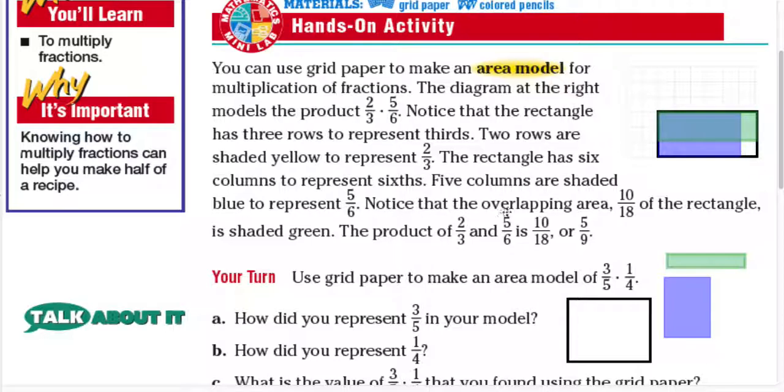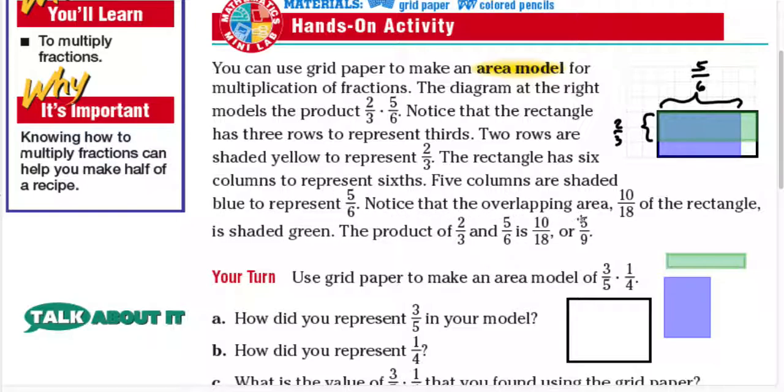Notice the overlapping area. Let me write it down first. The green part represents 2/3, and the blue part represents 5/6. Five columns are shaded blue to represent 5/6.